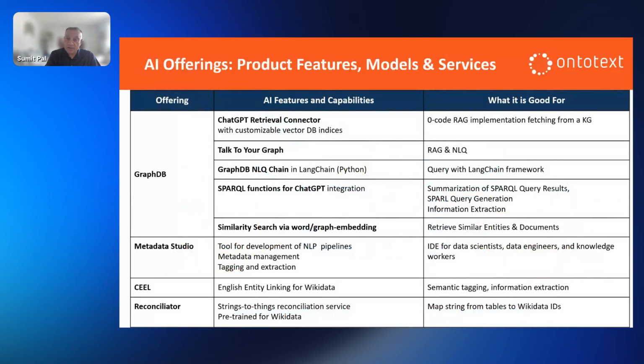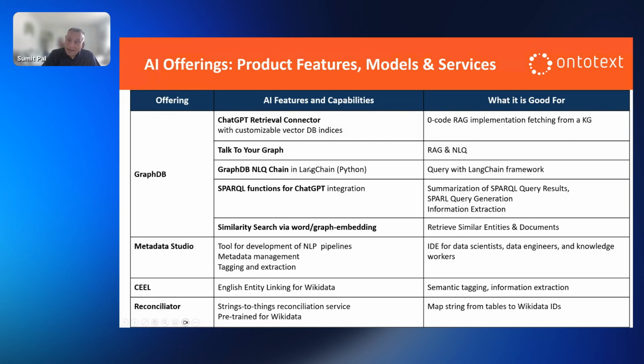We, over the last year and a half, have remodeled and added a lot of new capabilities within our graph database engine. We have a graph database engine called GraphDB. We have an IDE-based tool called Metadata Studio that is mostly meant for working with unstructured data. And we are leveraging LLMs to help in each of these, to talk to your graph.